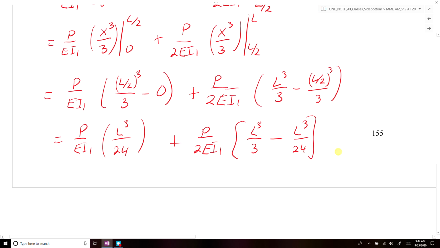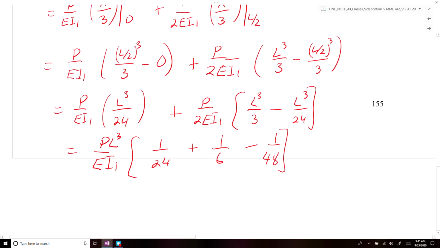Right? So if we combine all of these terms, they all have P over EI1 in them. We'll have the length, and they all have the length cubed term in them. So what we'll end up getting is 1 over 24 plus, if we multiply the 2 through here, this would be 1/6, and then the other term would be equal to minus 1 over 48.